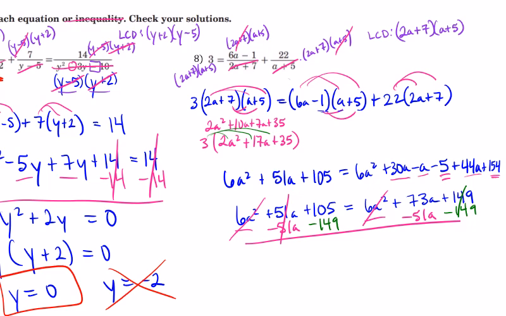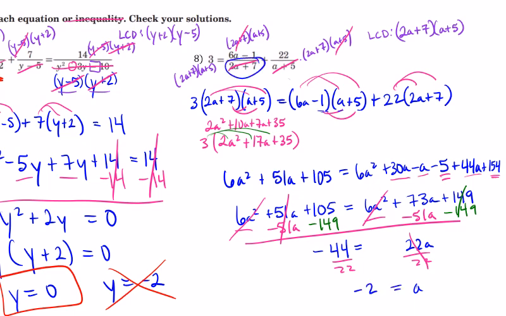And so we'll end up with negative 44 equals 22a, right? And then we divide both sides by 22. And we get a equals negative 2.